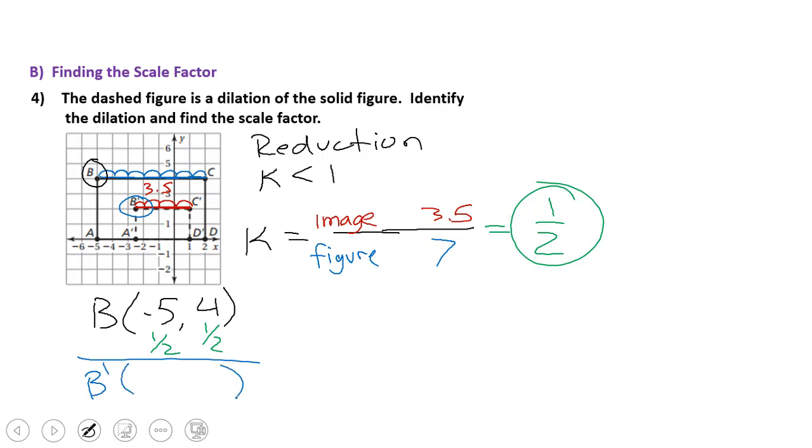Half of -5, 1/2 times -5 is -2.5. And half of 4 is 2. And if I look at B prime, it is at -2.5 and up 2. So voila, it worked. You might want to pause, write it all down, and join me for example number 5.